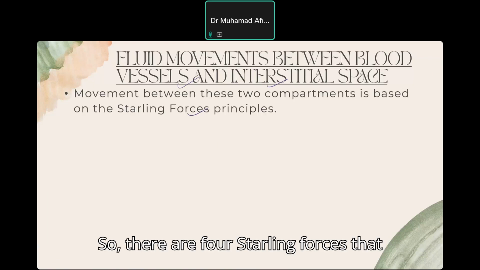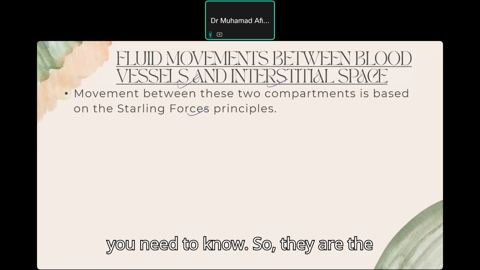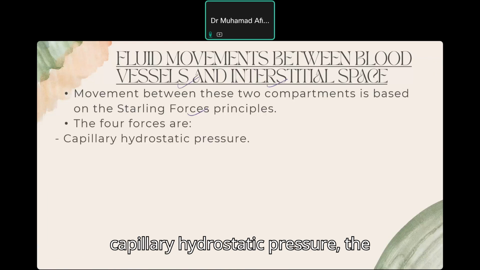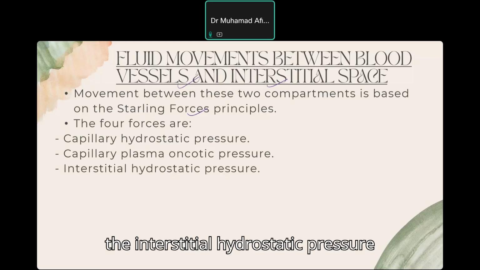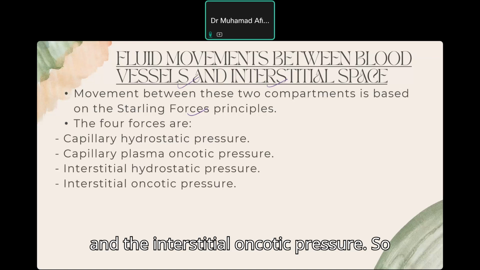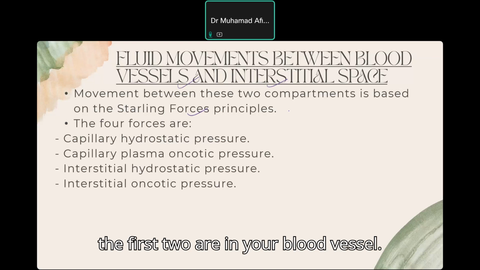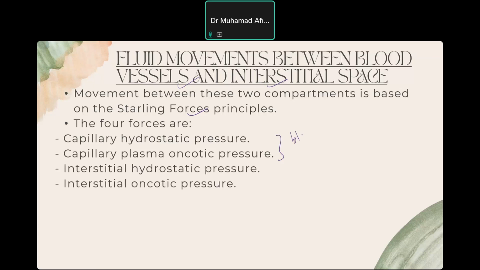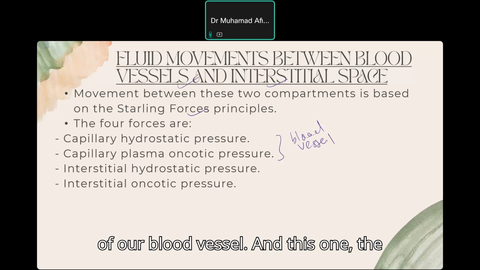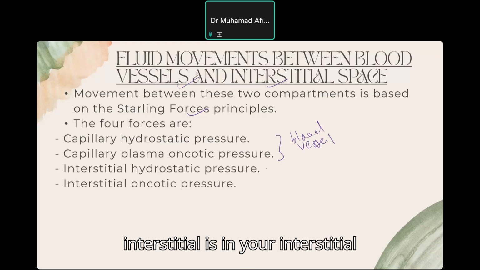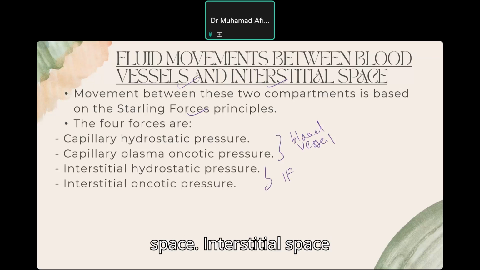There are 4 Starling forces that you need to know: the capillary hydrostatic pressure, the capillary plasma oncotic pressure, the interstitial hydrostatic pressure, and the interstitial oncotic pressure. The first two are in your blood vessel. The capillary, as you know, is one type of blood vessel. And the interstitial ones are in your interstitial space, or interstitial fluid.